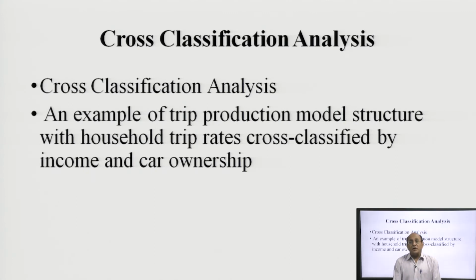Now, come to the cross classification analysis. An example of a trip production model structure with the household trip rates cross classified by income or car ownership.